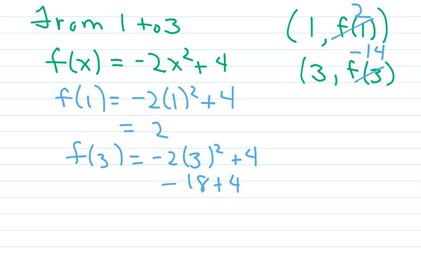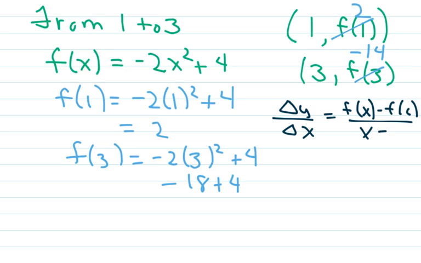Now all I do is use my slope formula. Let me write it again. It's change of y over change of x equals f of x minus f of c over x minus c.